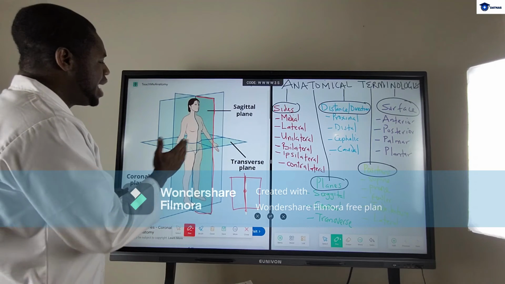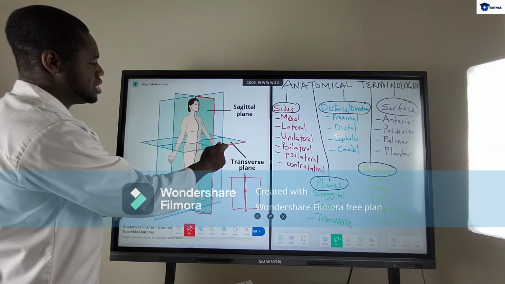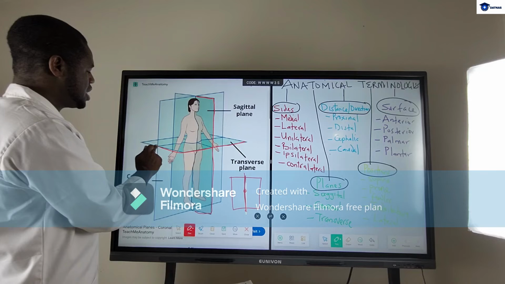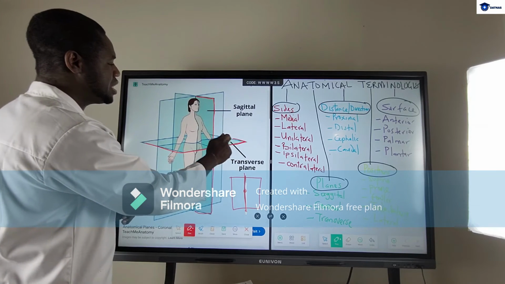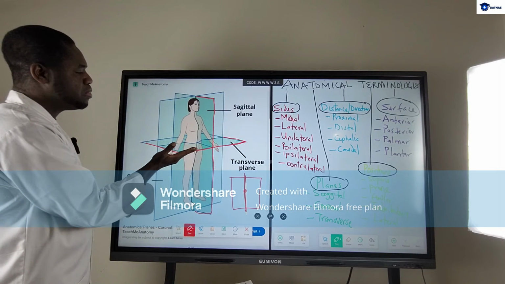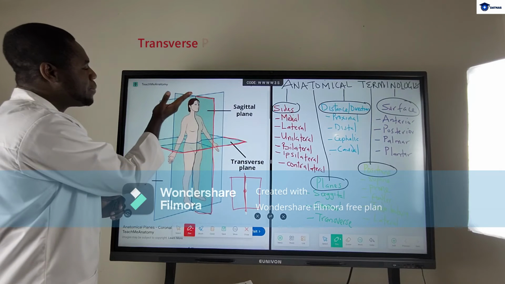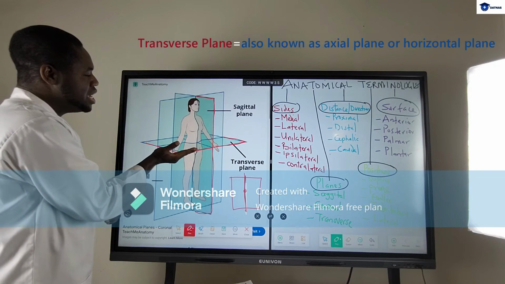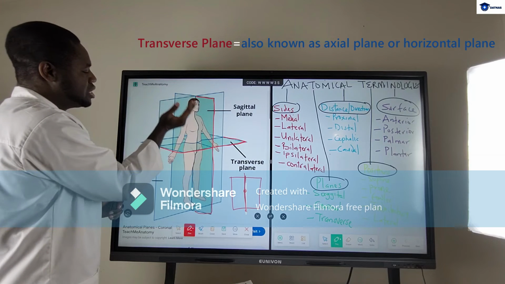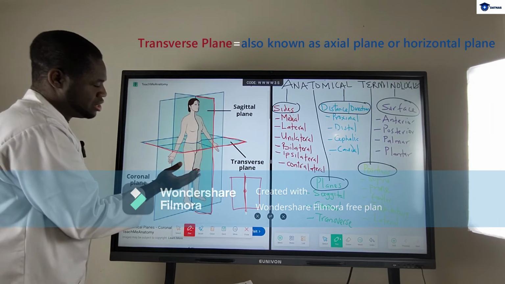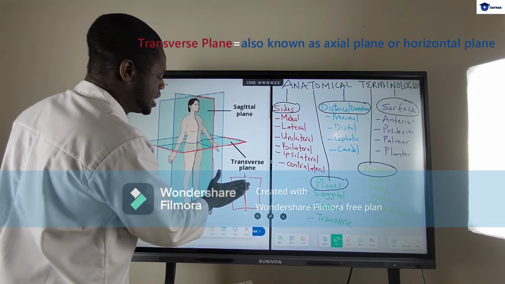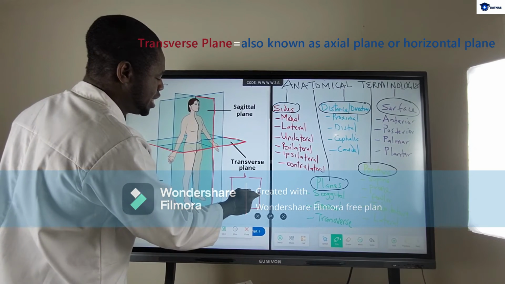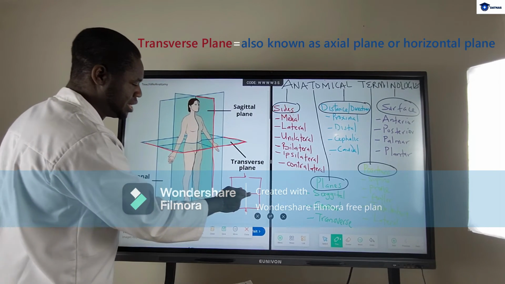The transverse plane, this is the transverse plane. You can see the transverse plane divides the body into upper parts and lower parts. It divides the body into upper portion and lower portion. So you can say that this is a transverse plane.